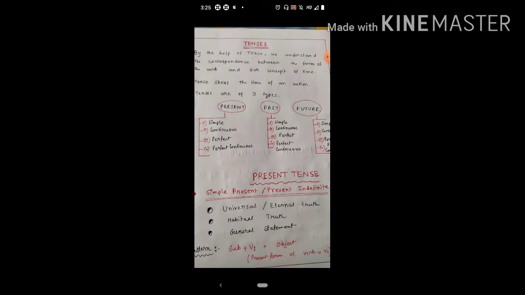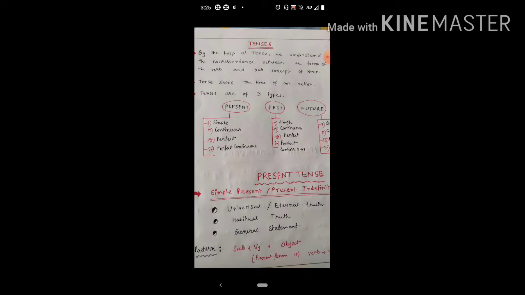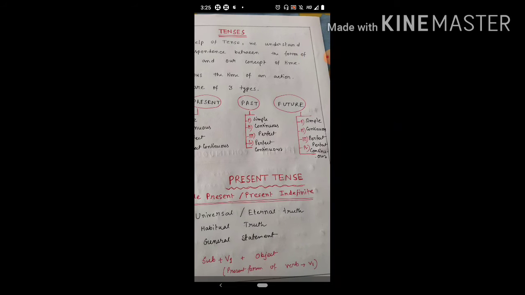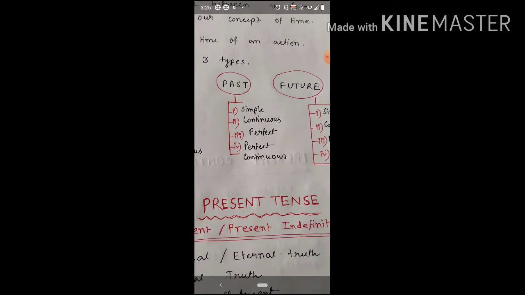The present tense is subdivided into four types, that is simple present, present continuous, present perfect and present perfect continuous. Similarly, the past tense can be subdivided into four types, that is simple past or past indefinite, past continuous, past perfect and past perfect continuous.